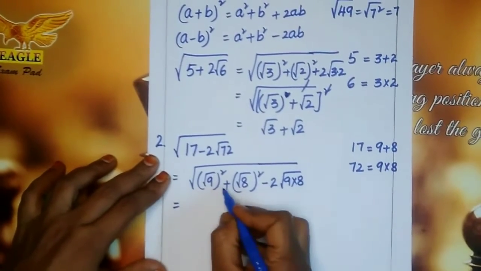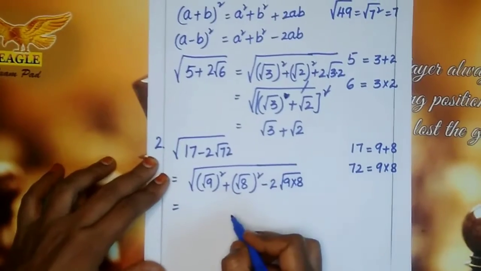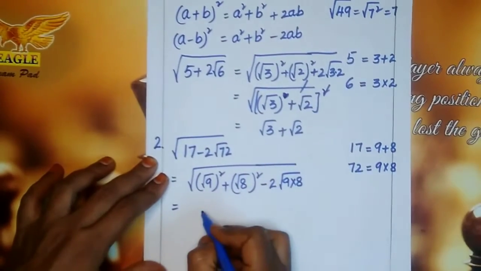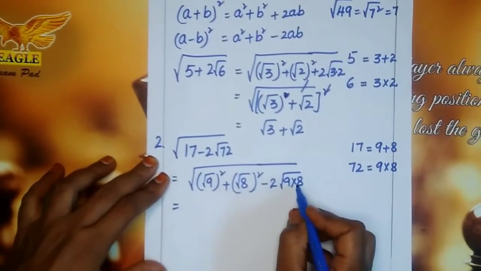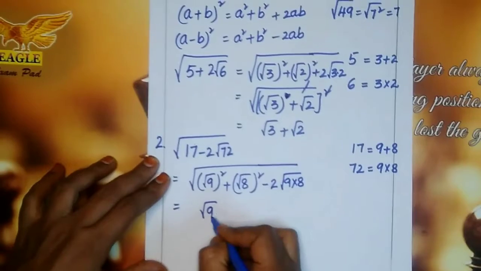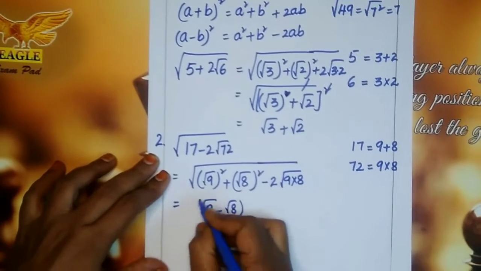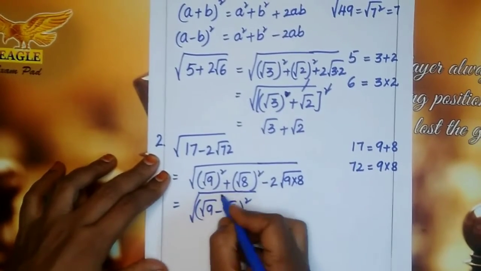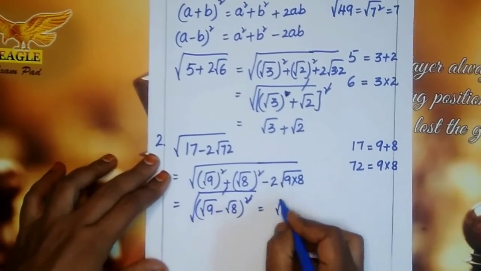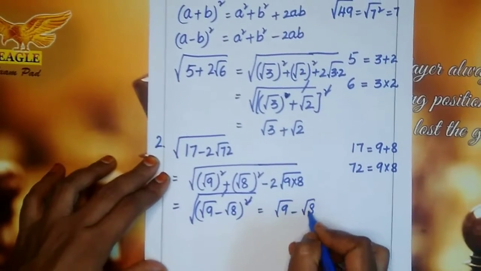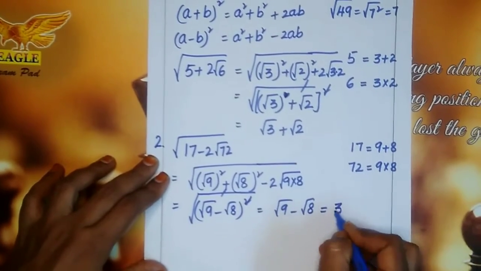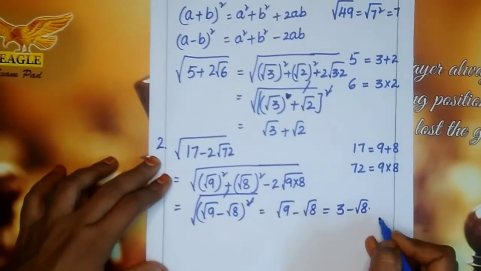Now this is a square plus b square minus 2ab. So second identity we are going to use now. That means a minus b whole square over square root. So, square root gets cancelled. Finally, you got root 9 minus root 8. You know, root 9 is 3. 3 minus root 8 is the answer.